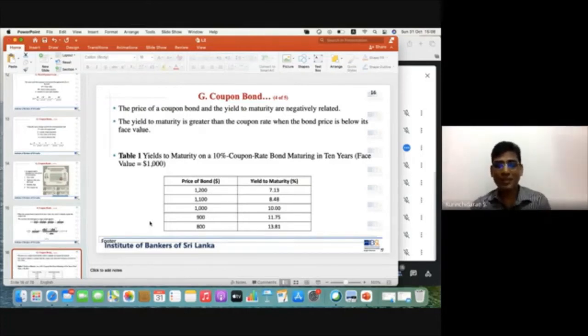When the rates increase, if you are in a finance department or in a trading desk, you can have these treasury bills and bonds in your trading book. If it is a trading book instrument, what is the major requirement of that?